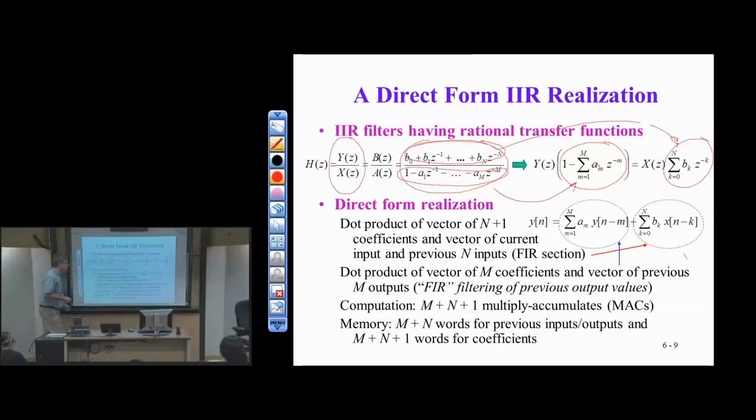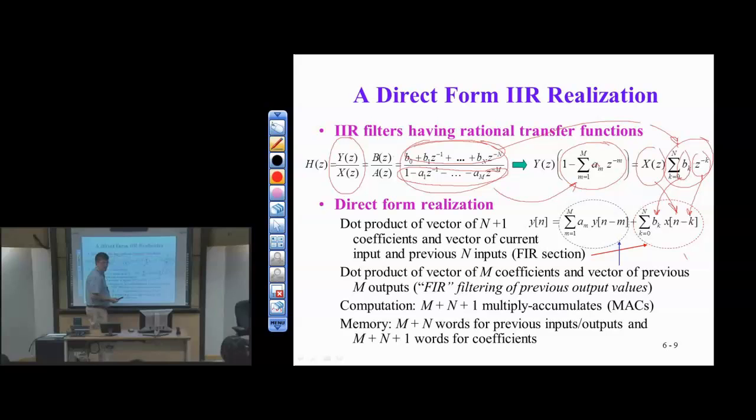All right. Now I can take the inverse Z transform. So this one looks a little complicated, but if I just look at one term at a time, it's b of k, which is a constant for a given k, times z to the minus k times X of z. The inverse transform, X of z becomes x of n, z to the minus k becomes a delay by k samples, and then the coefficient b of k comes out front.